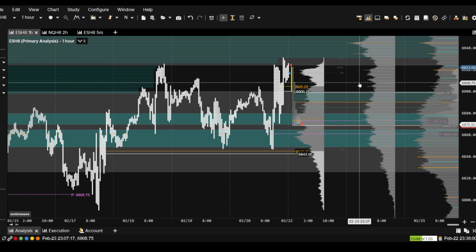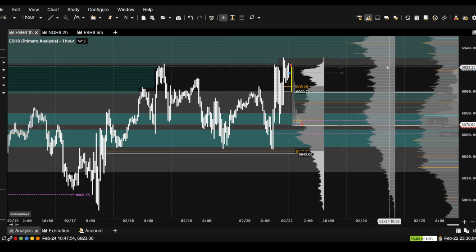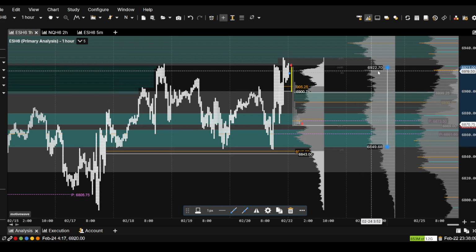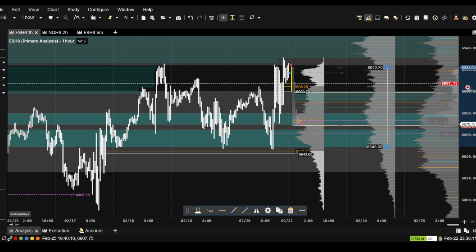You can see here, in this range from here to here in 13 days, we could see a high volume node.